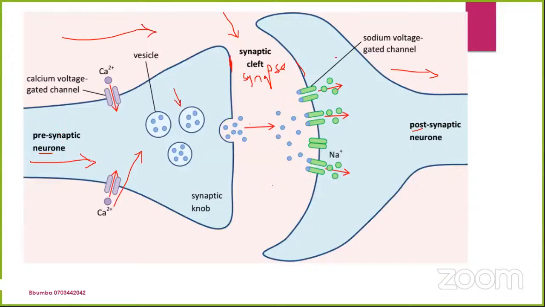They are not found on the postsynaptic one. These neurotransmitters are the ones that activate. Because they're only found here, it is the presynaptic neuron which can produce the neurotransmitter. So this ensures that the impulse travels in one direction.